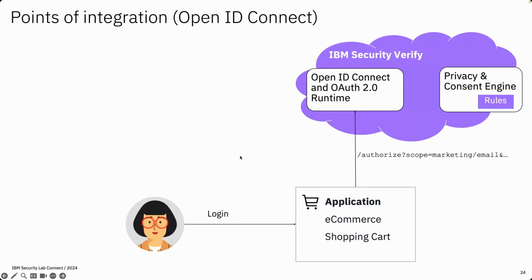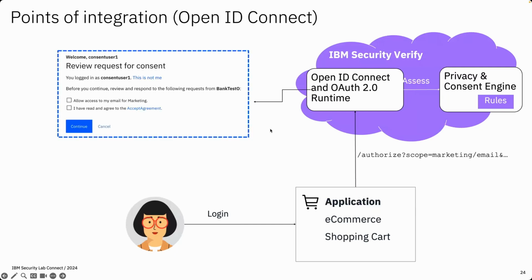After that, the runtime engine of Verify needs to evaluate whether the consent is there or not, and what rules it needs to conform to based on the configuration. So it assesses that, and then it presents a form to the user: these are the two consents and there is a need to capture them from the user.